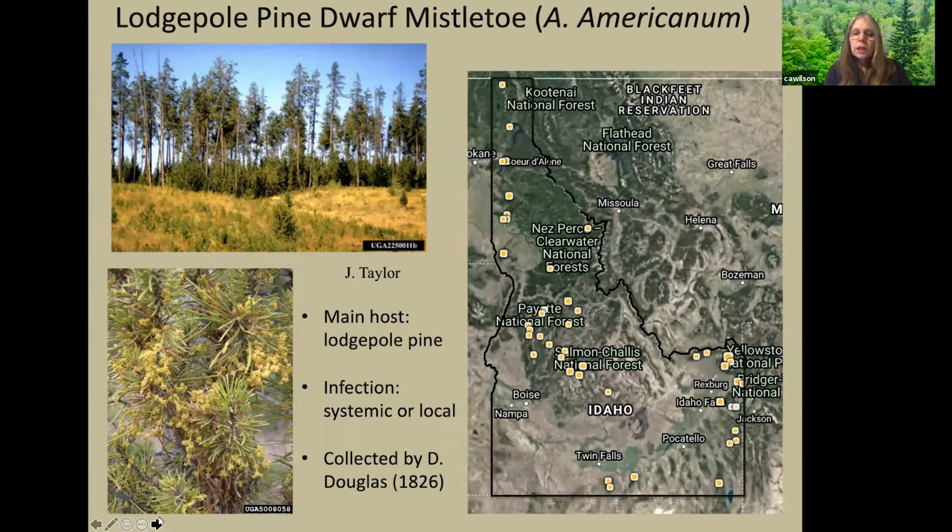And it is also an interesting mistletoe because it was collected by Douglas in 1826. So there were two mistletoes collected by Douglas in 1826, and this is one of them. And this is not the first dwarf mistletoe that was collected. The first dwarf mistletoe that was collected and named was actually collected around Veracruz, Mexico, by von Humboldt when he was doing his studies down there.